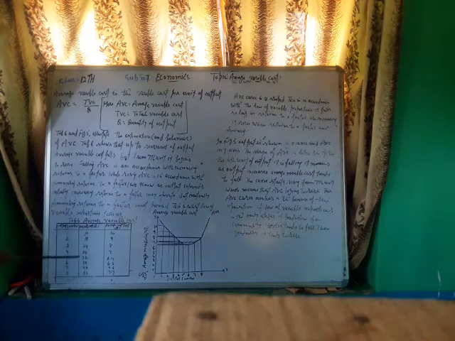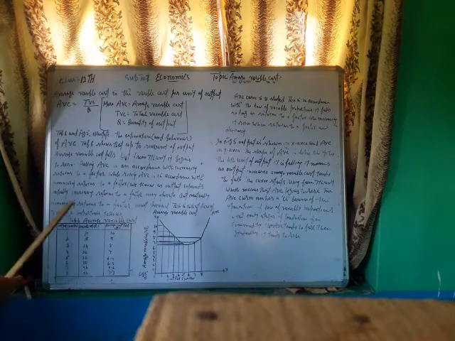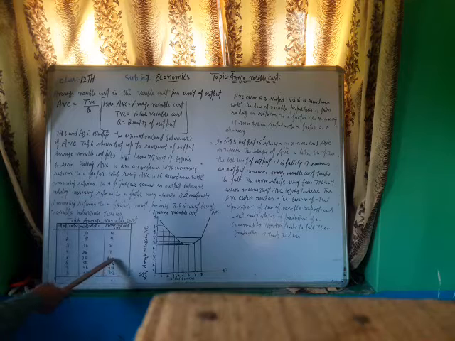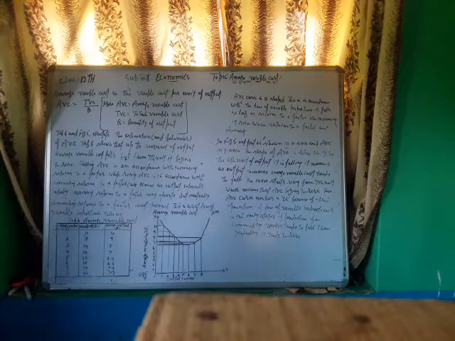This is average variable cost: 10, 9, 8, 7, 6.4 and 6.3. It falls from 10 to 9, 9 to 8, 8 to 7, 7 to 6.4, 6.4 to 6.3, which means it falls.